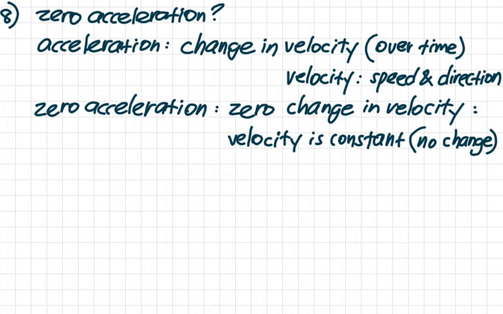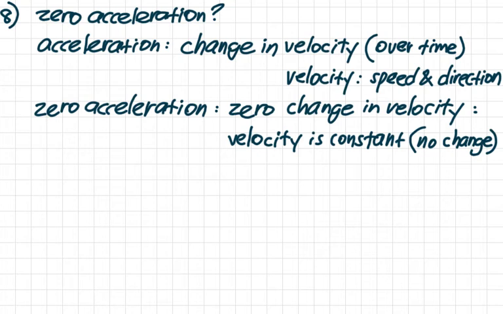That's why when you say it, I try to discourage you from saying it. You have to be specific, because you could say the velocity is constant, which means the acceleration must be zero. But if you say it is constant, you might be talking about the acceleration, in which case maybe the velocity is changing. So we have to be specific when we say it. Anyway, zero acceleration means a zero change in velocity, and our velocity is constant.